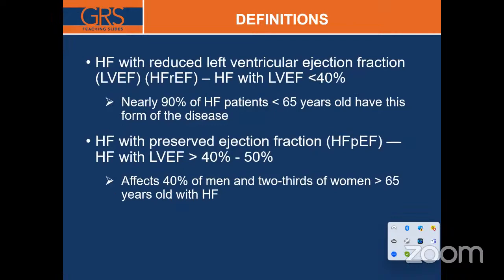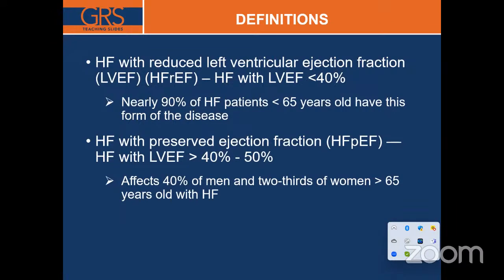Heart failure with reduced ejection fraction. Heart failure with reduced left ventricular ejection fraction is mainly less than 40% left ventricular ejection fraction. Nearly 90% of heart failure patients less than 65 years old have this form of disease.